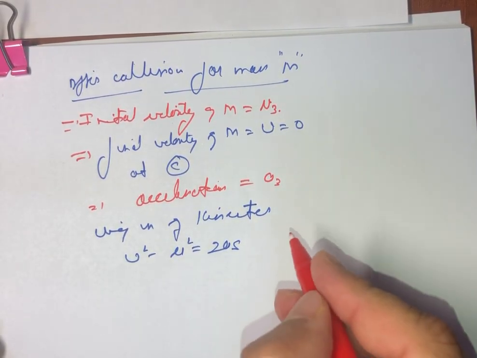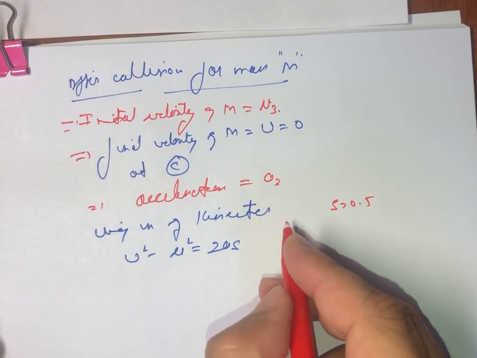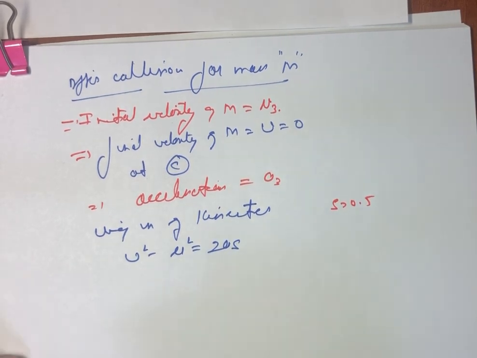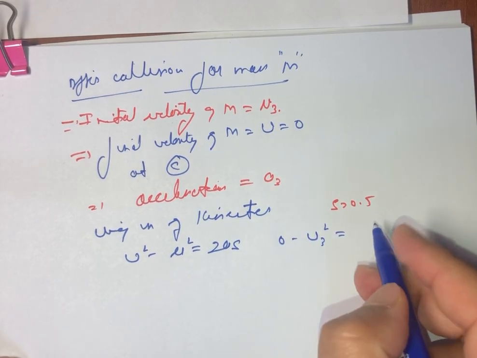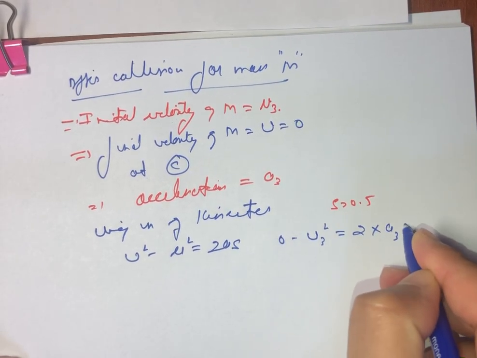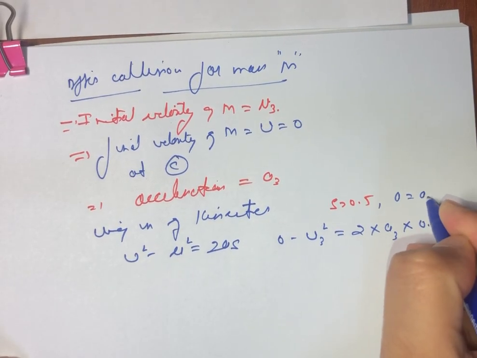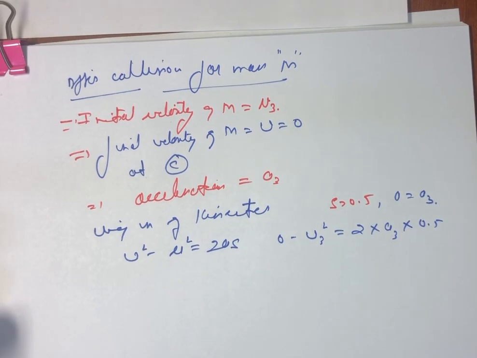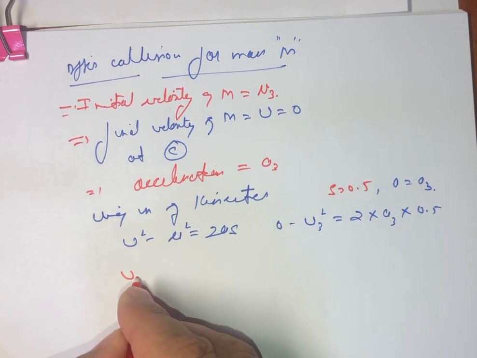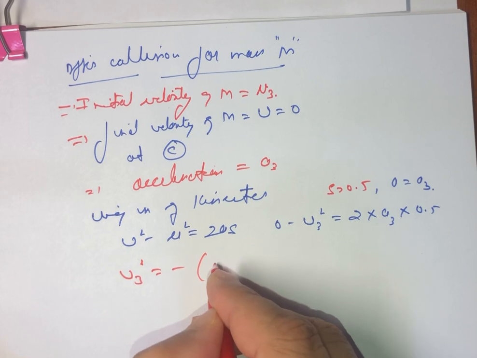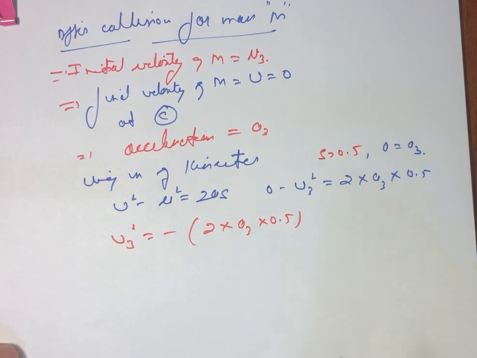Here s is our 0.5 meters, so final velocity is 0, so this comes as 0 minus V3 square is equal to 2 into A3 multiplied by 0.5, and A is equal to A3. So we can say our V3 square is equal to minus 2 into A3 into 0.5. We can find out the value of A3.